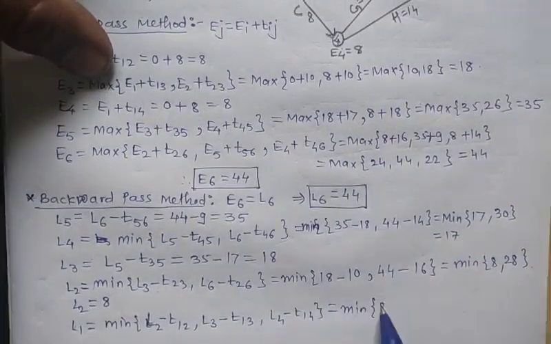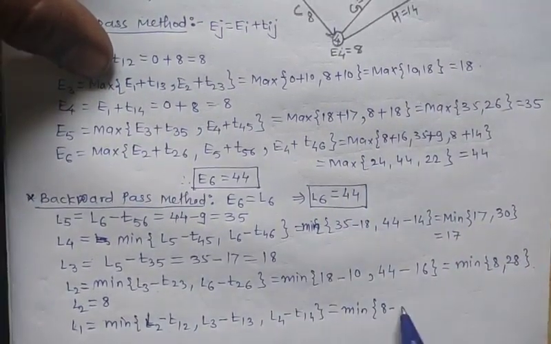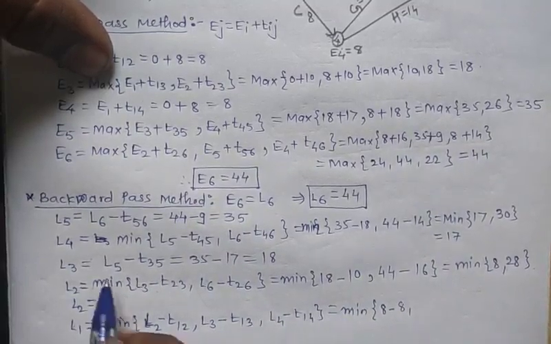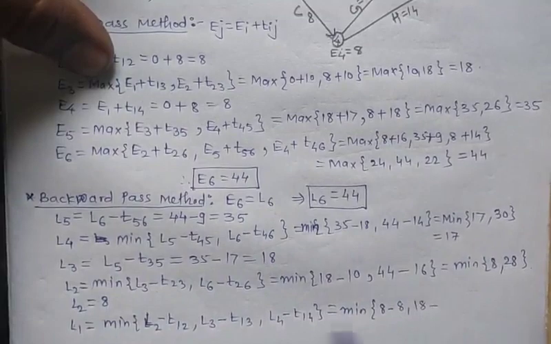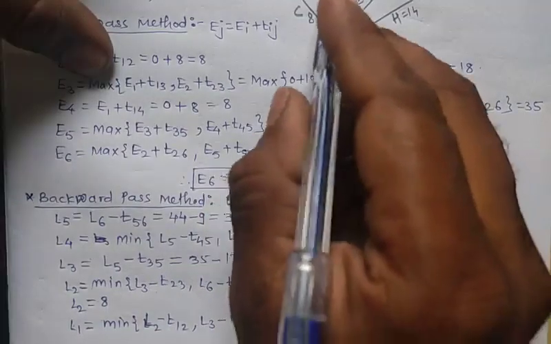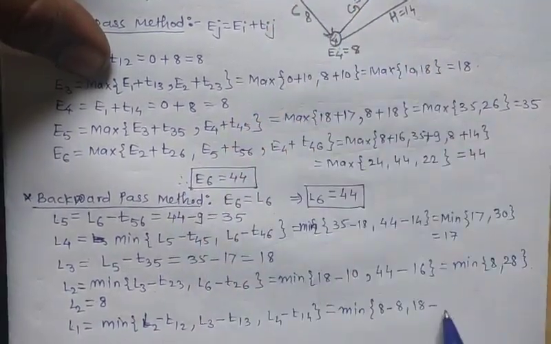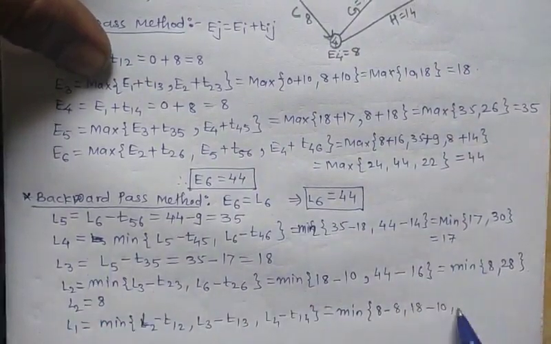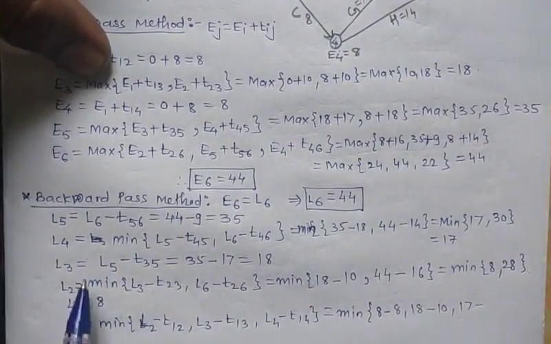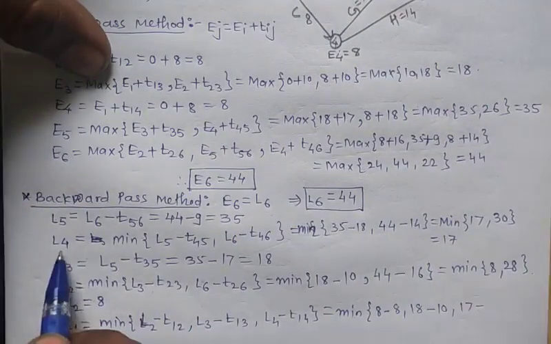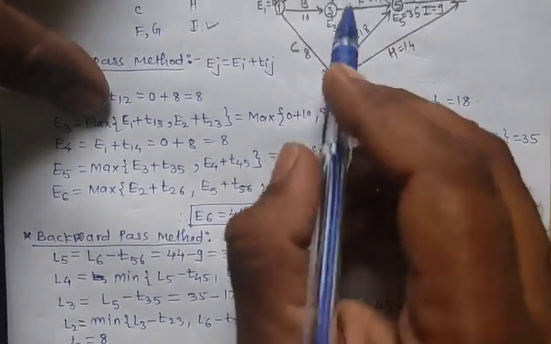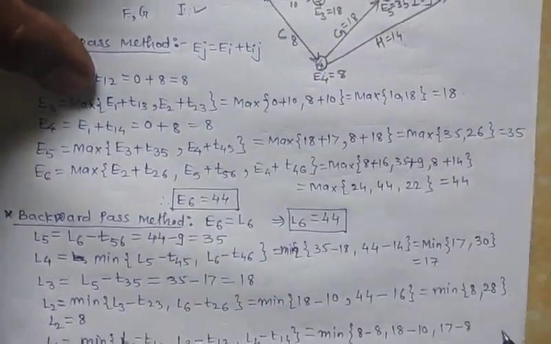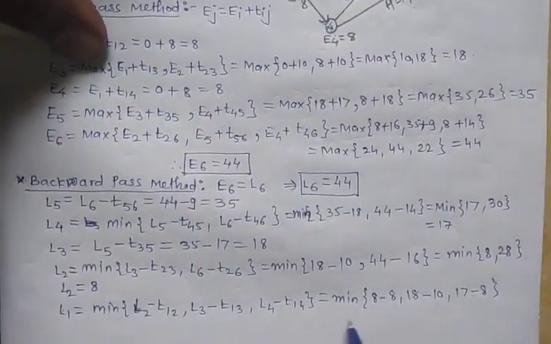L2 is 8 minus T12, and T12 distance is 8. Next, L3 is 18 minus T13, so T13 is 10, and last, L4 having value 17 minus T14, T14 having distance 8. Okay, so among that find its minimum value.